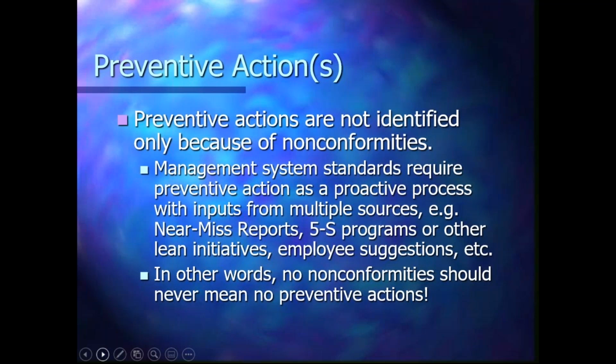Management system standards require a proactive process with inputs from multiple sources. Near miss reports, 5S programs, employee and customer suggestions, lean initiatives, and walkthroughs are proactive processes to identify opportunities for preventive action. So in other words, no non-conformities should never mean no preventive action.